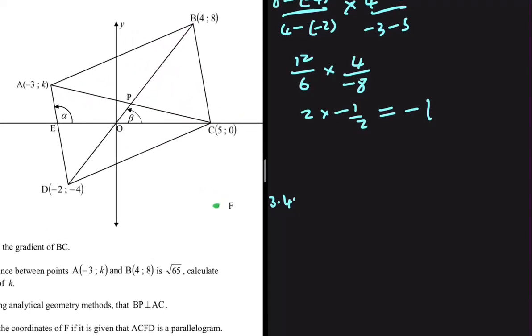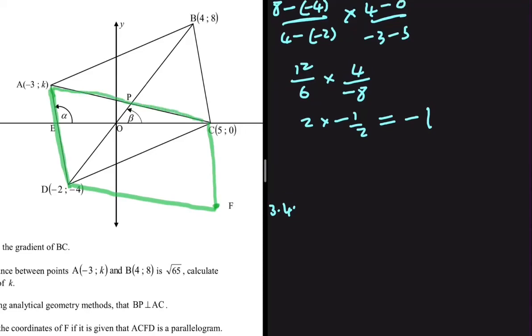C and F, and then D and F. Yeah, we have something like this as our parallelogram, right? In order to find the coordinates of F, we can use the midpoint of DC as it will be the midpoint of AF, but that is a painful exercise. Instead of doing that, we're going to use translation.